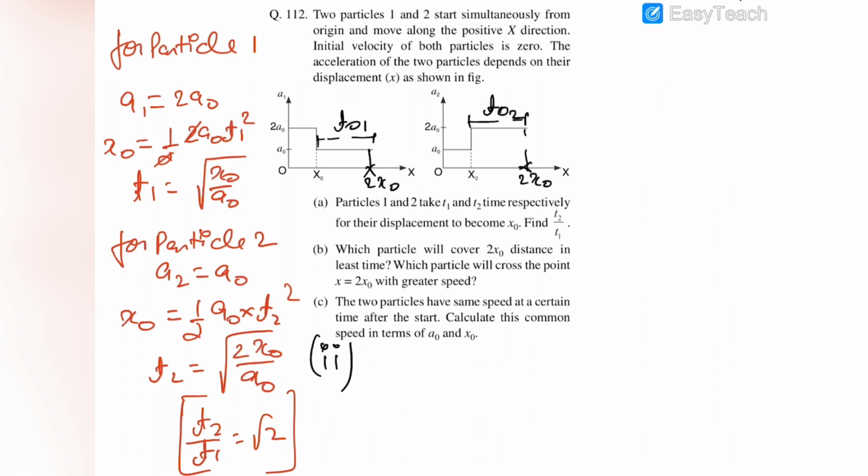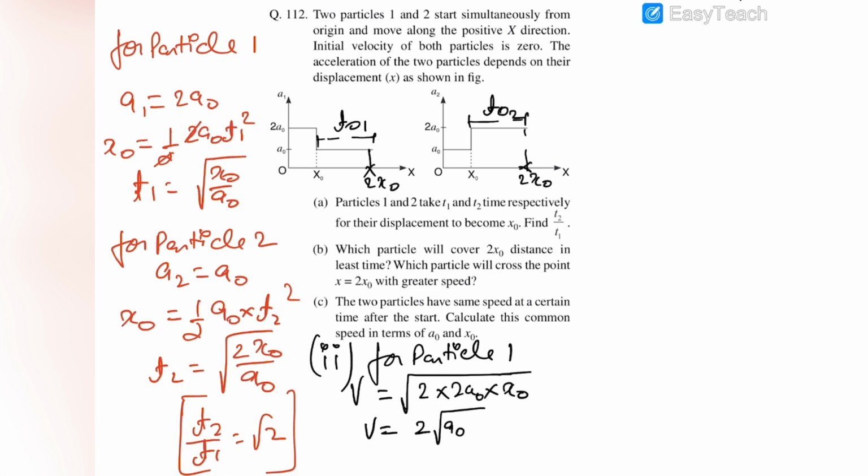Okay, so again we can say that at this position for particle 1, the initial velocity when it was at this position x naught: v square is equal to 2 into 2a naught into distance x naught. So v will be 2 under root a naught x naught.